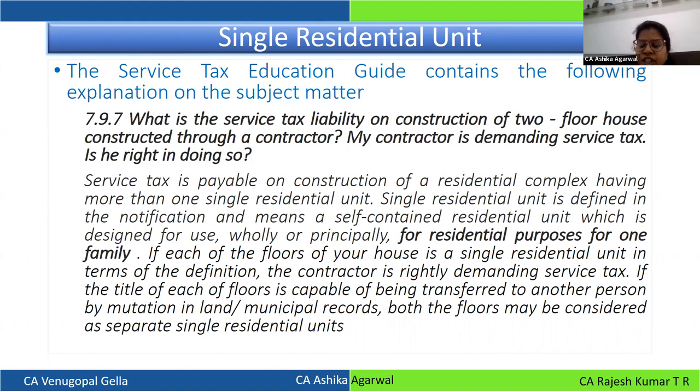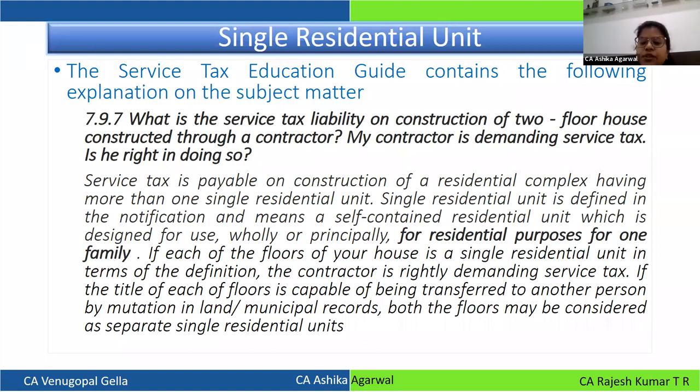Now, how are they differentiating the taxabilities? If each floor of your house is a single residential unit in terms of the definition, then the contractor is rightly demanding service tax. If the title of each floor is capable of being transferred to another person by mutation in land or municipal record, both floors may be considered as separate residential units.